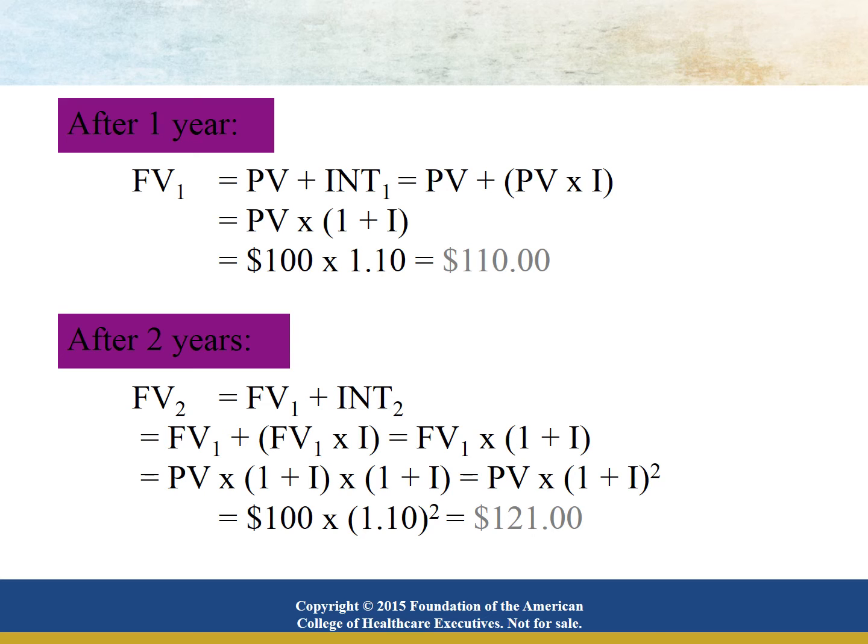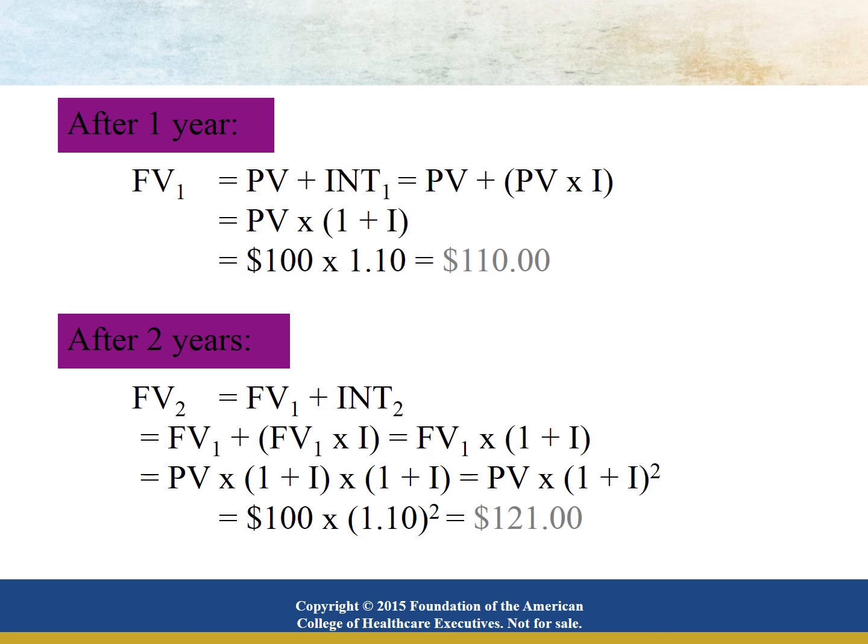So after year 1, the future value is the present value plus the interest in year 1. So present value plus present value times interest. So the present value times 1.1 is $110.